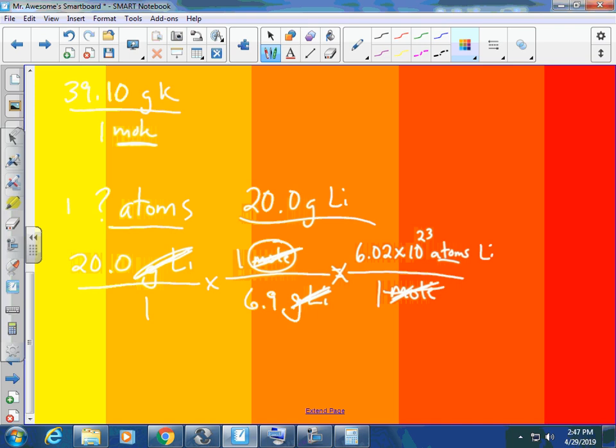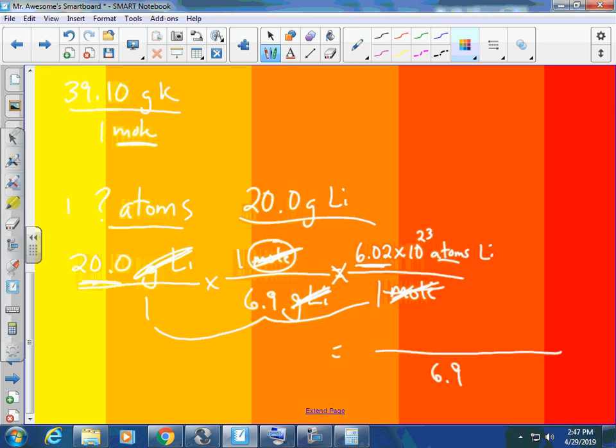So what I'm going to do here is I'm just going to multiply straight across the top, and that's going to give me kind of a long answer, so I'm going to write it down here, but I'm going to get a top answer, I'm going to get a bottom answer. I can see the bottom answer is really easy, it's just 6.9. But on the top, it's a little trickier. I have a regular number times scientific notation.